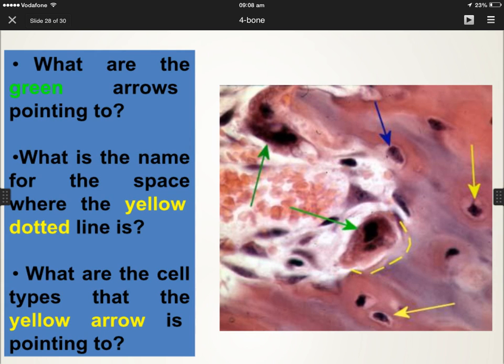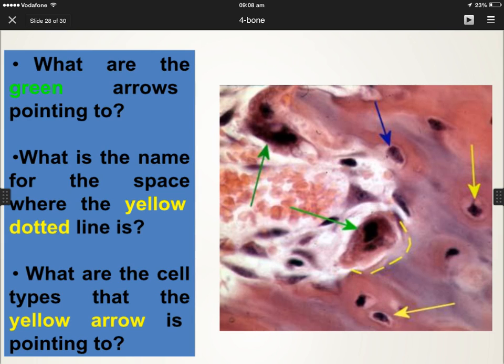Another picture here. What are the green arrows pointing to? The green arrows here evidently are pointing to these large, acidophilic, multinucleated cells on the surface of the bone, very near to the bone marrow cavity, and these are called osteoclasts.